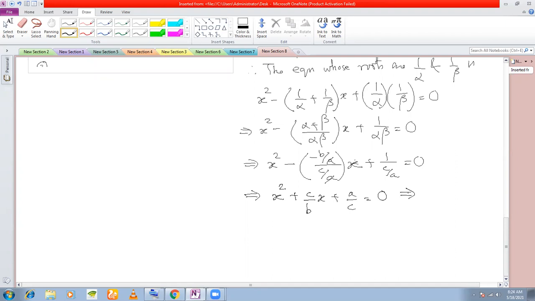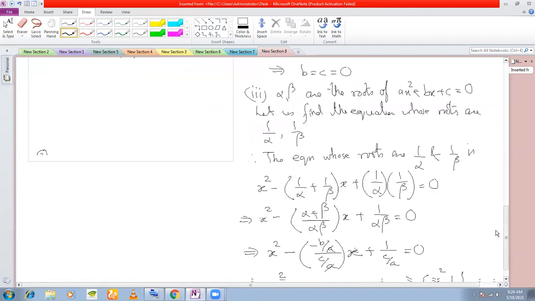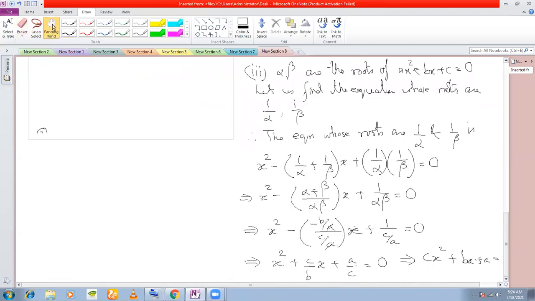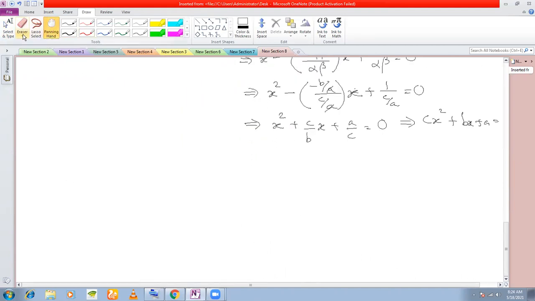So if you take the LCM, you'll get cx square plus bx plus a is equal to 0, right? This should be b by c, not c by b. Okay. This is what you're going to get.